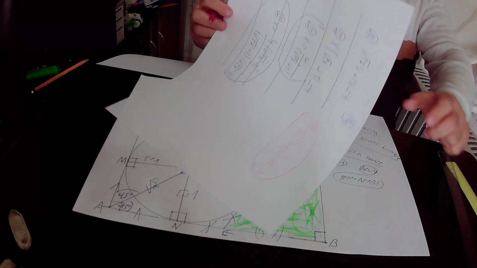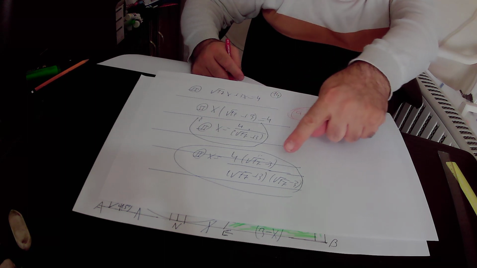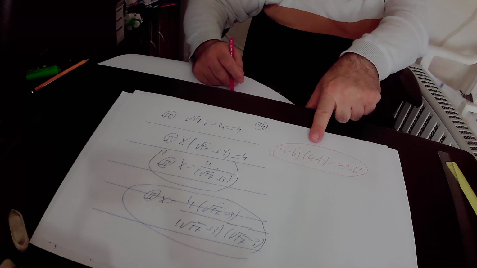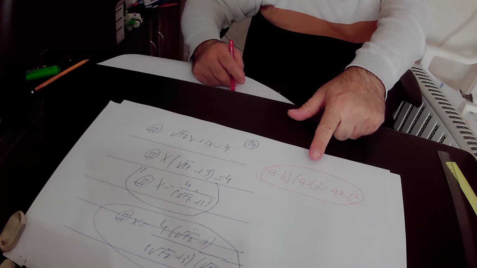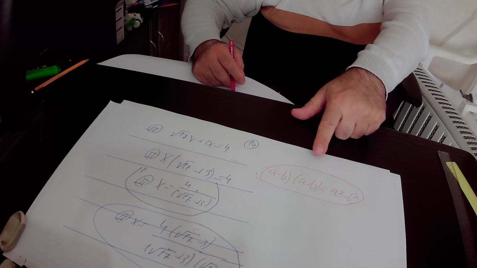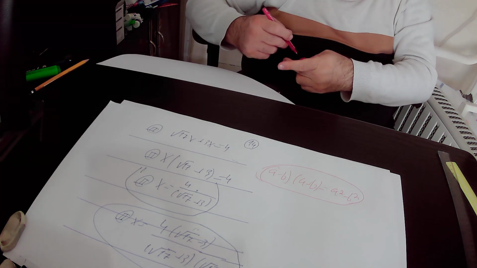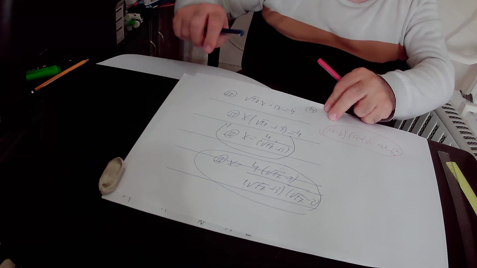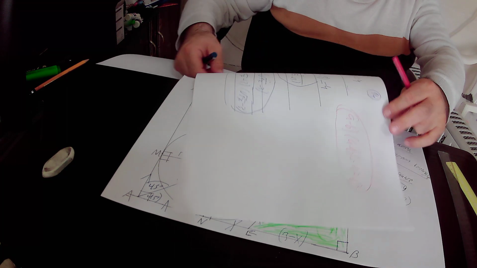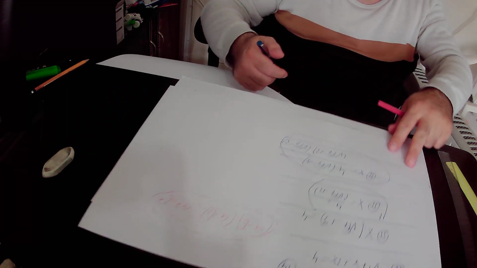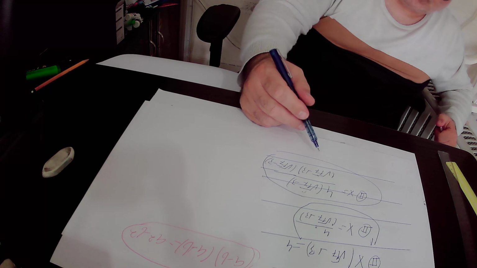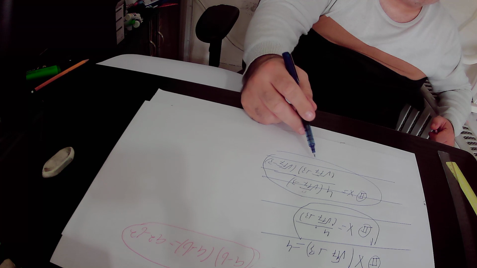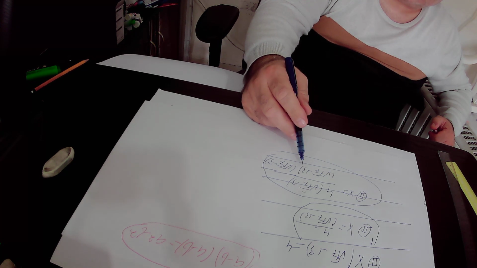We will find out the value of the expression in the denominator according to this identity. So in the denominator we have square root of 17 plus 3 times square root of 17 minus 3. So actually a is square root of 17 and b is 3.